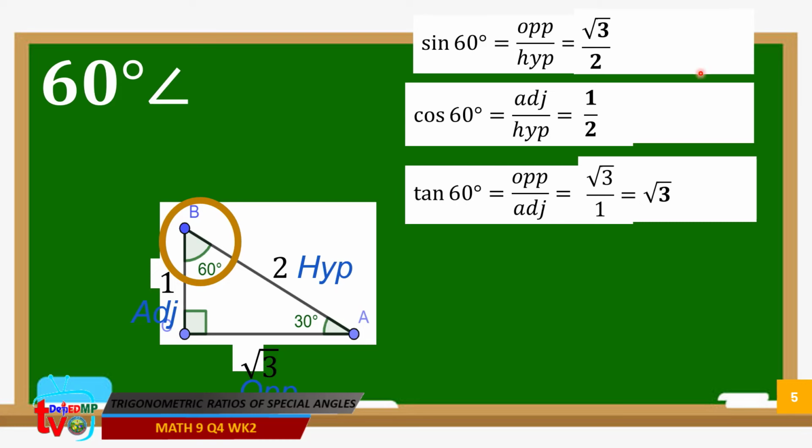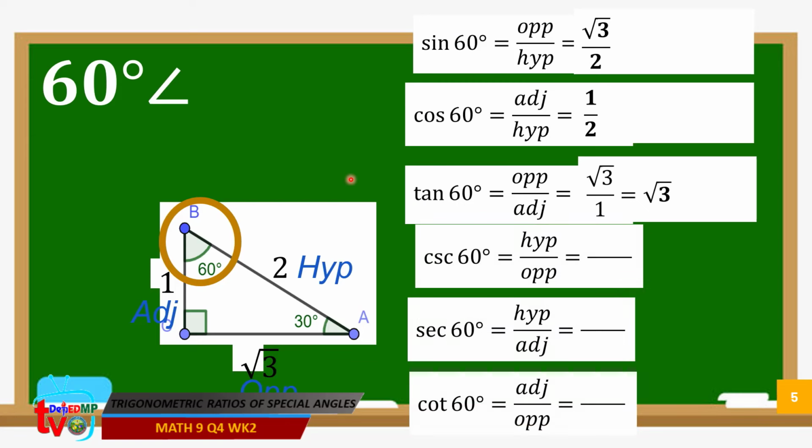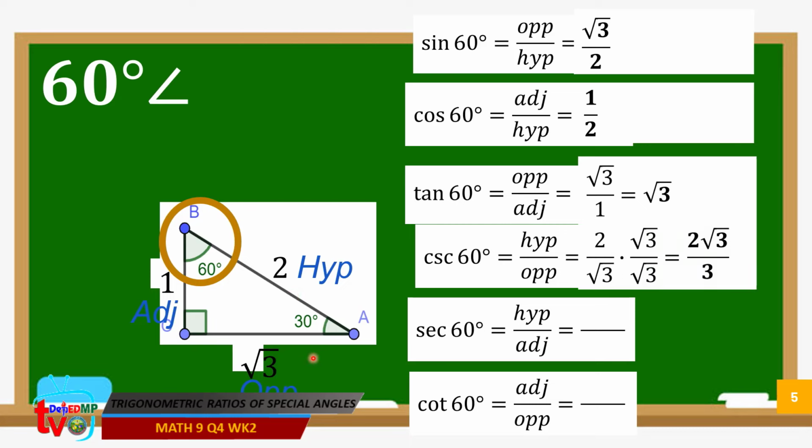So now that we have the primary trigonometric ratios, let us solve for the other reciprocal ratios. Let's start with cosecant 60 degrees. Cosecant 60 degrees is hypotenuse over opposite, that is 2 over square root of 3. But since there is a radical number in the denominator, let us rationalize the fraction by multiplying both the numerator and the denominator by square root of 3.